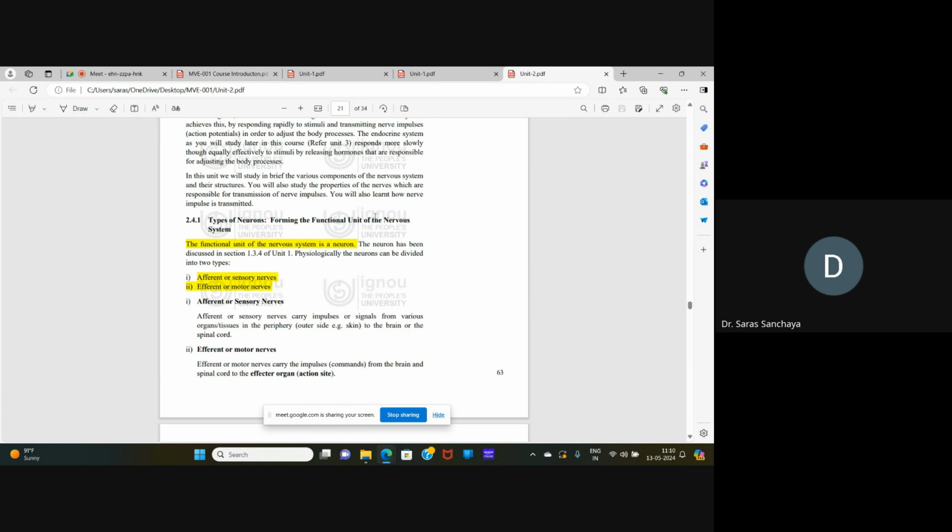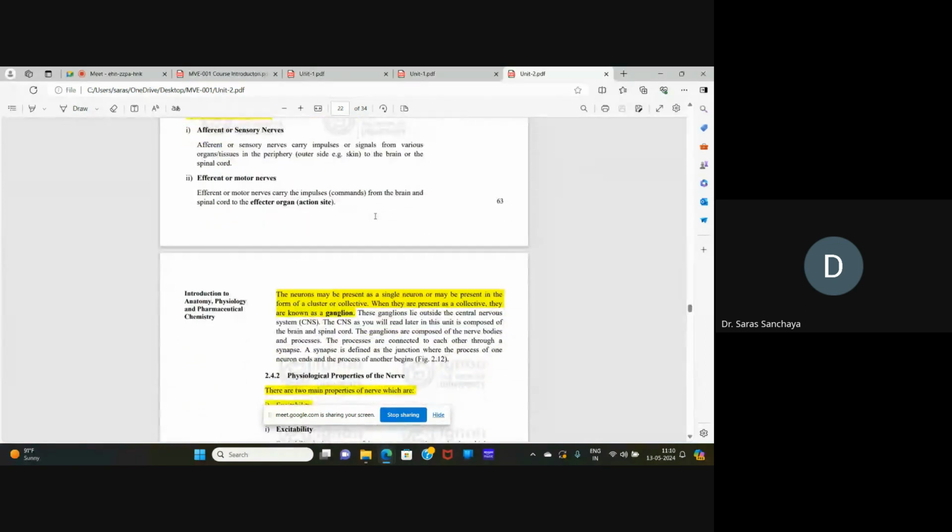And efferent or motor nerves are used to do different functions, voluntary or involuntary, from the nervous system to the body parts. The neurons may be present as a single neuron or in the form of a cluster or collective tissue, which is known as a ganglion.